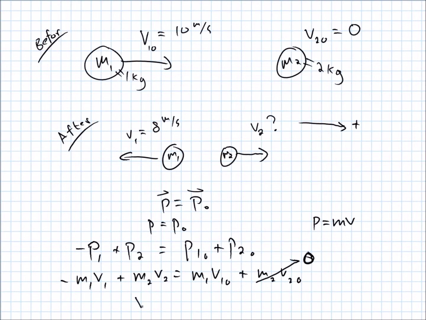So in a couple algebra steps, we'll get that v2 is equal to m1 v1 initial plus m1 v1 divided by m2. All right, and so that is just a simple little one-dimensional momentum problem. Ta-da! I'll let you plug numbers in if you want, but I don't want to.